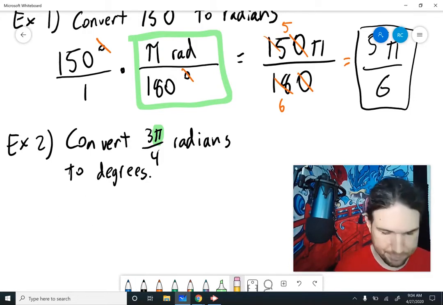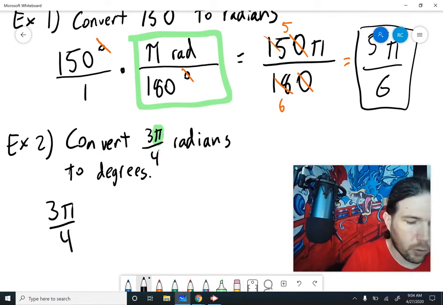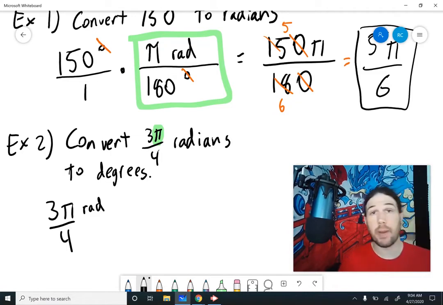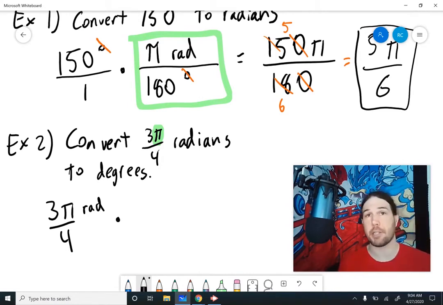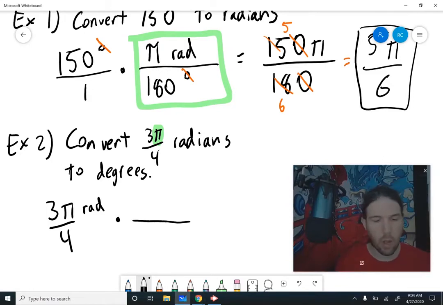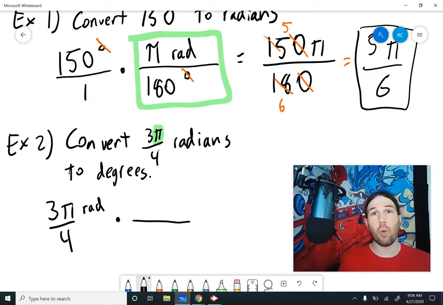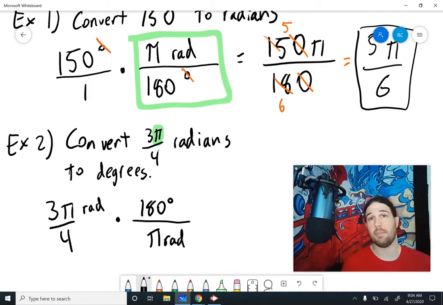But I'm going to go ahead and do this the proportions way anyway. So we have 3 pi over 4 radians. Remember, radians are on the top of that fraction, right? So again, we're going to multiply by our scale factor, but since we have radians on the top, instead of pi over 180, we're going to put the degrees on the top and the pi radians on the bottom, right?